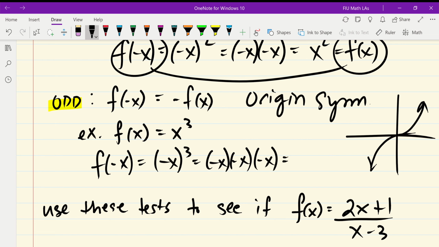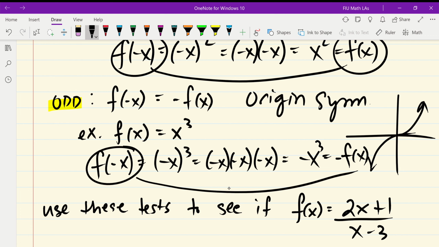And this turns into negative x cubed. And I know x cubed is just f of x. So negative x cubed must be negative f of x. And if I take f of negative x here, this is going to be equal to negative f of x. And that is exactly what the test that I gave you up here says about something being odd. So this is what I'm looking for.